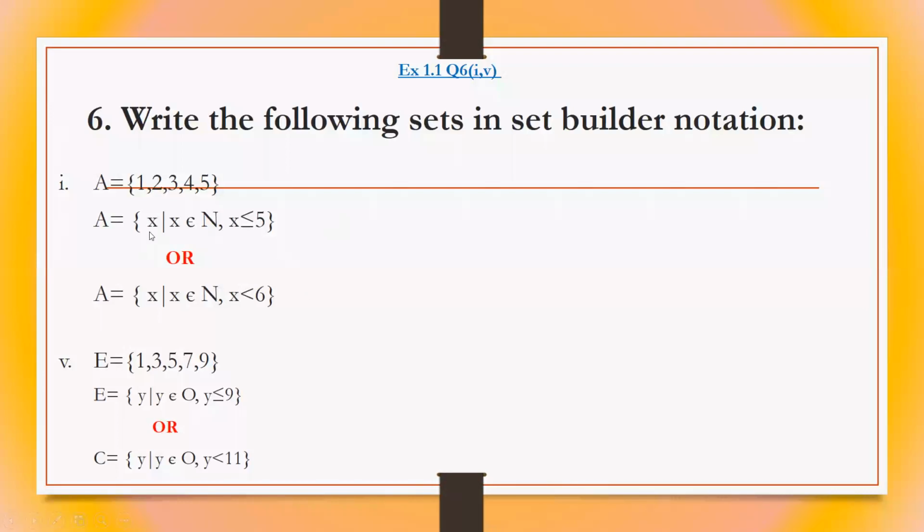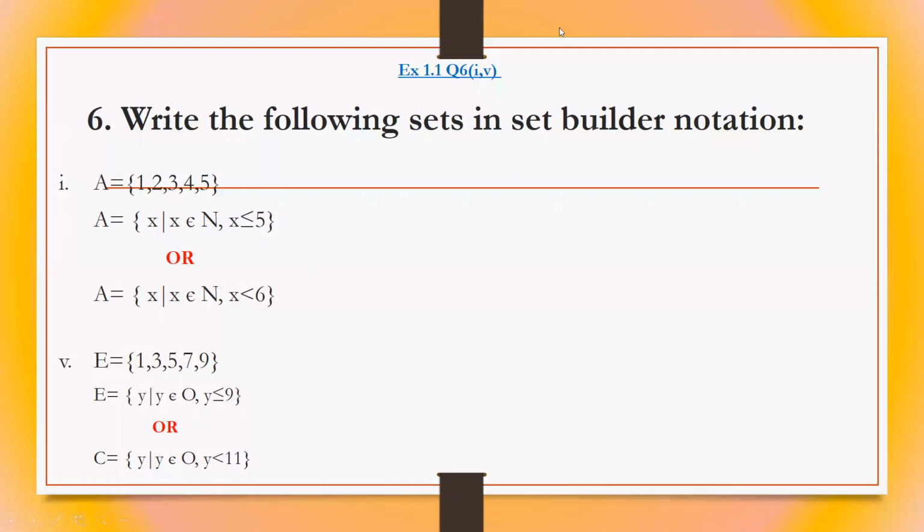So here we can write the answer: x such that x belongs to N, where x is less than or equal to 5, and x is less than 6. Both are correct answers; you can mention any one of them. And E is equal to y such that y belongs to O, where y is less than or equal to 9.